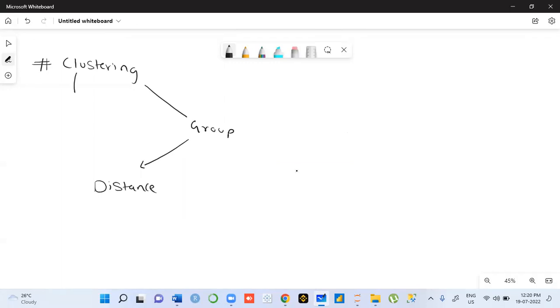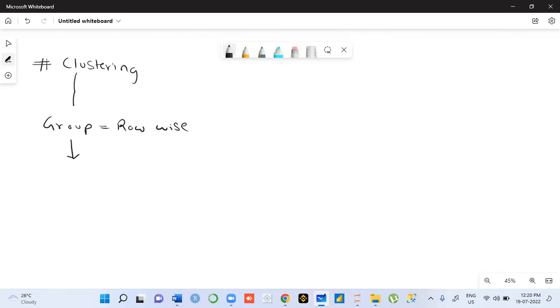So you see, we do grouping row wise. To do a group, we take something known as distance. We use Euclidean distance, number one. Second, after computing distance, we compute the minimum distance, which is called linkage. Are you clear, everyone?